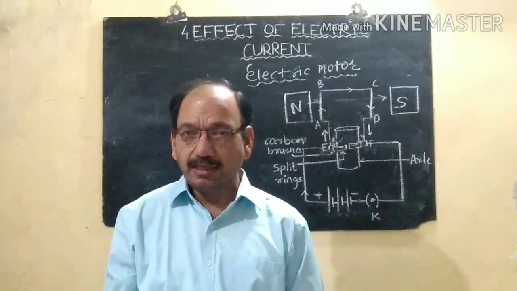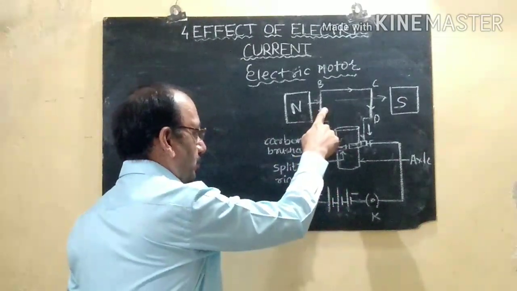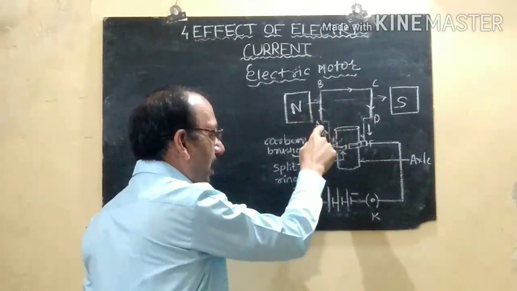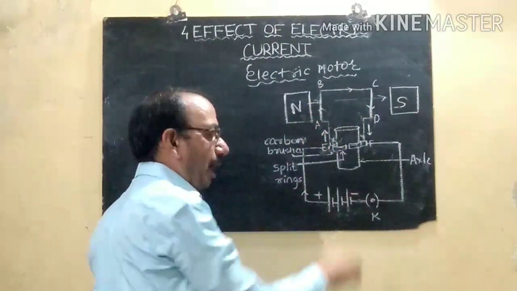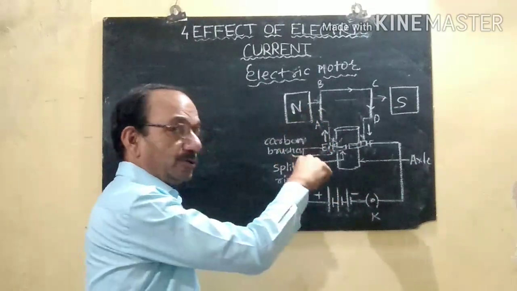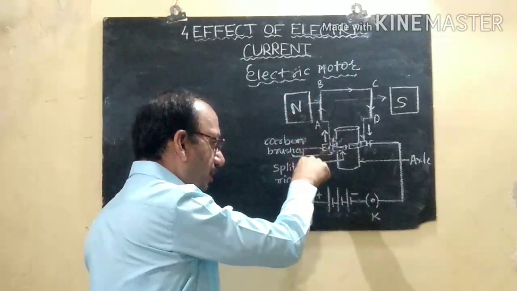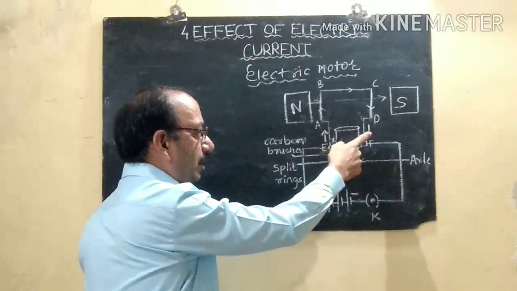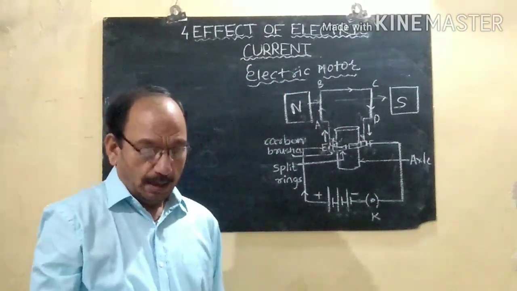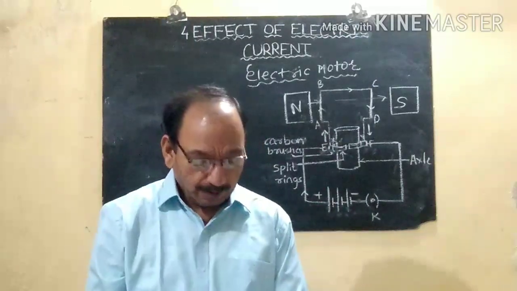Here, one thing to remember is that the magnitude of the force applied on the AB arm and CD arm is always equal, but the direction of force is opposite. When this arm goes in a downward direction, at the same time CD goes in an upward direction, and their forces are equal.